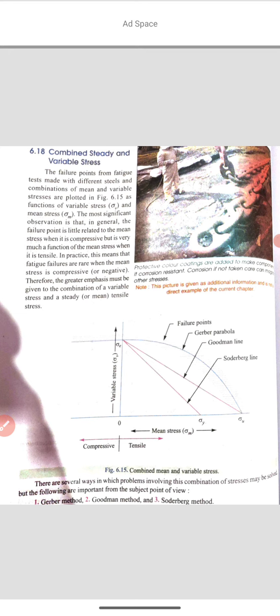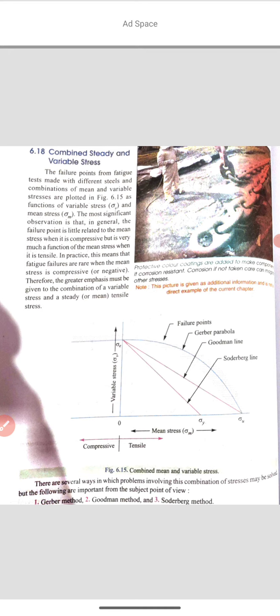Now, the x-axis is the mean stress, which indicates the steady stress value. The mean stress is the axis for steady stress, and the y-axis is the axis for variable stress.